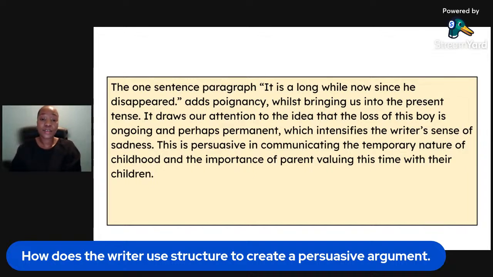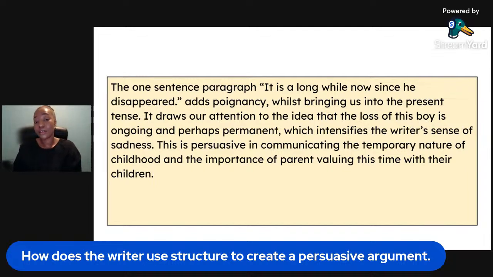It draws our attention to the idea that the loss of this boy is ongoing and perhaps permanent, which intensifies the writer's sense of sadness. Okay, so here, what I was trying to hint at was the fact that it's ongoing. Okay, this is persuasive in communicating the temporary nature of childhood and the importance of parents valuing this time with their children.